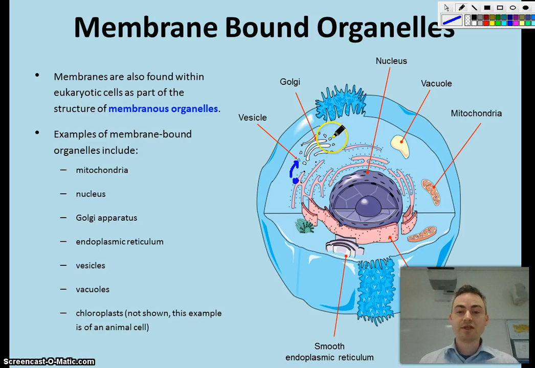Just as that Golgi can then form a vesicle with some proteins inside it, and it can send that off to the cell membrane to release its contents as that vesicle fuses with the cell membrane. And again, that's no problem because they're both phospholipid bilayers, and so they can merge together, and no concerns there. So keep that in mind. We're dealing with the same membranes all throughout the cell.